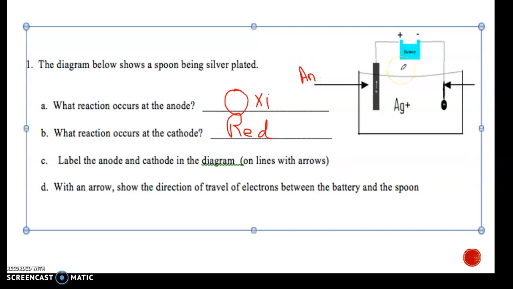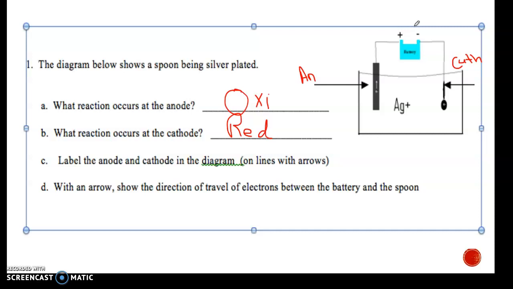And that means the spoon, which was positive in the voltaic cell, but is now negative in the electrolytic cell, is going to be my cathode. All right. So we labeled our anode, we labeled our cathode. Once you remember which one is your positive and your negative, just look at the battery to help you determine it.